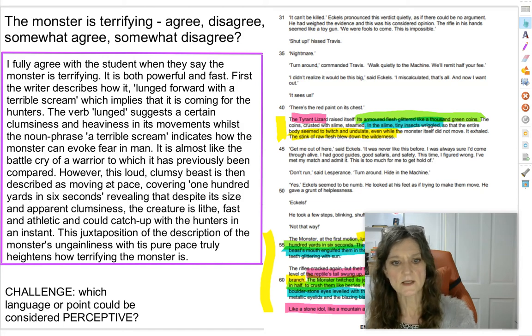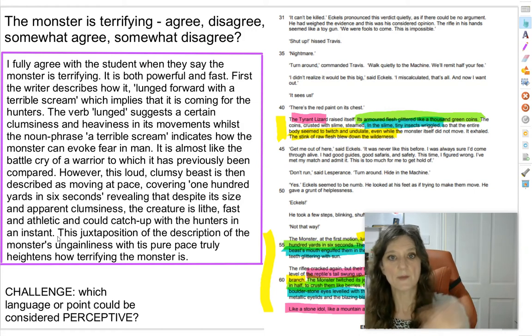So it's almost like I've done a little inference, dropped in some evidence. Now I'm going to zoom in, revealing that despite its size and apparent clumsiness, the creature is lithe, fast and athletic. So really zooming in on the pace that it's moving out there, and could catch up with the hunters in an instant. Now I'm going to step back and evaluate that whole effect.